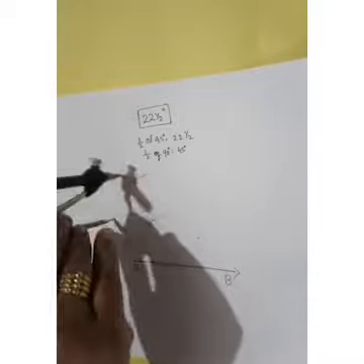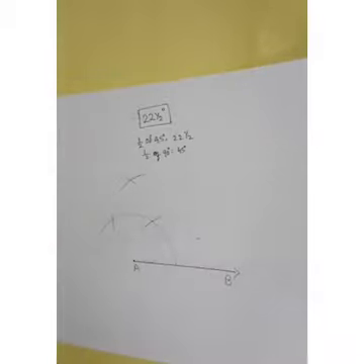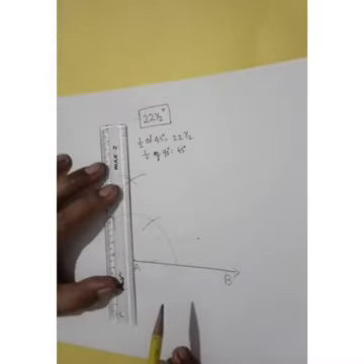So 1, 2, 3, 4, 5 arcs we want to draw to get that 90 degree. Then we get this 90 degree now.